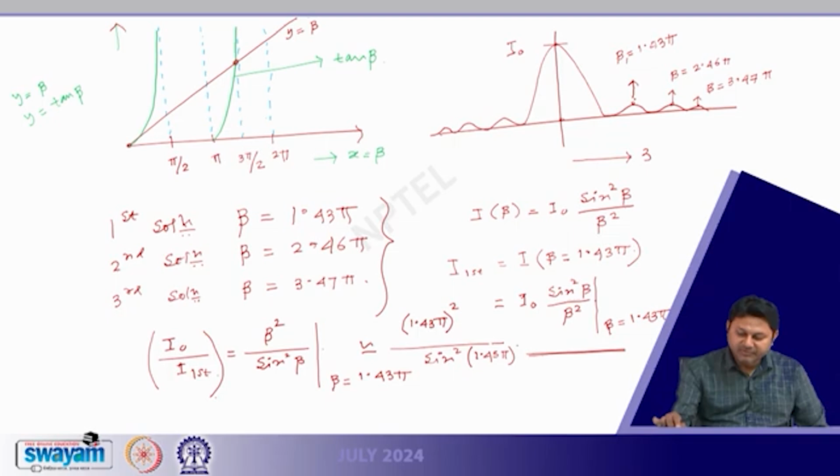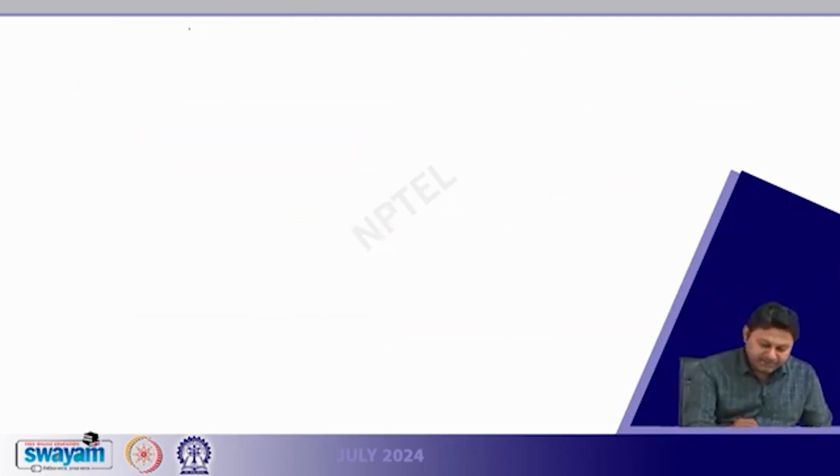In a similar way, you can also calculate the secondary maxima, the second secondary maxima and the third secondary maxima, and so on. And you will find that there is a very rapid decrement of the intensity as you go to higher orders of maxima. The first maxima will reduce heavily.